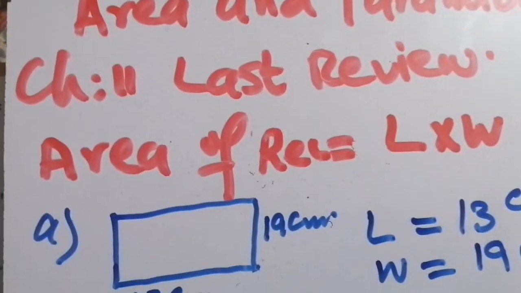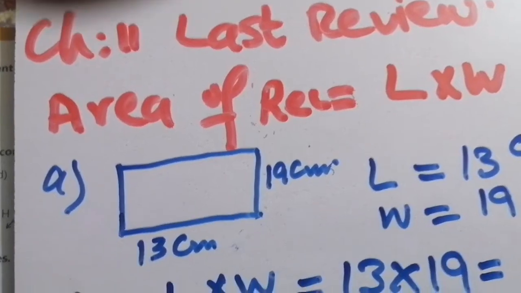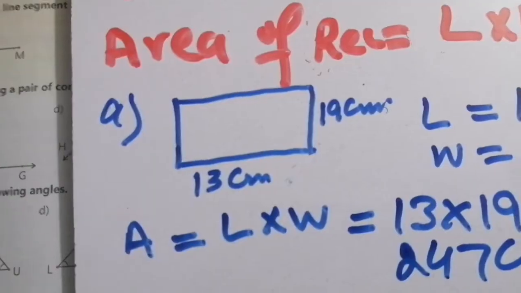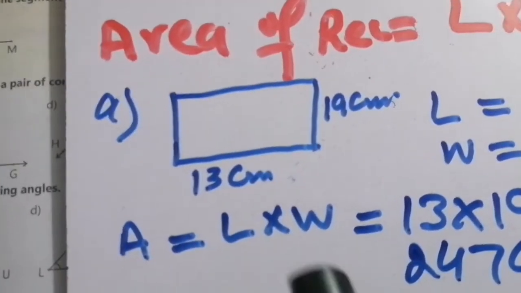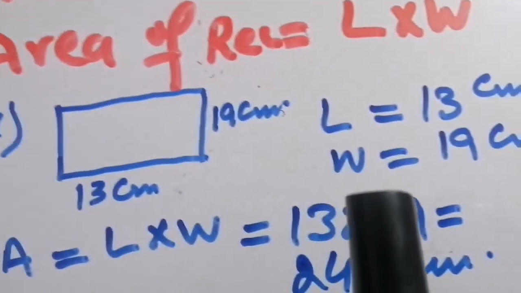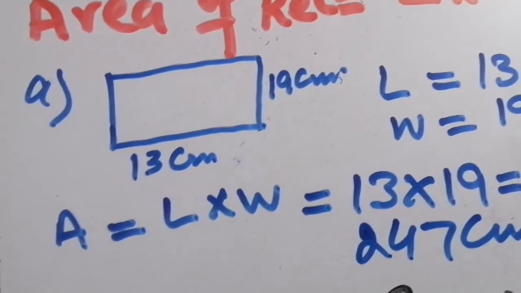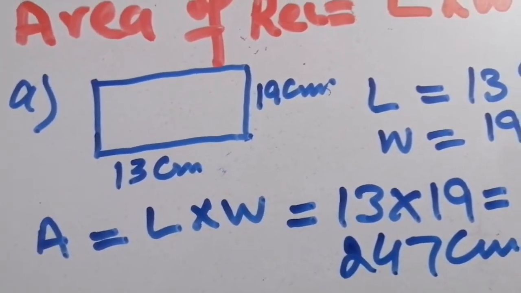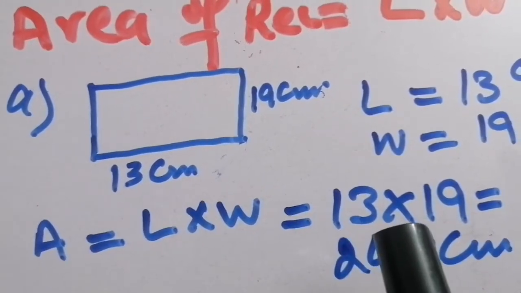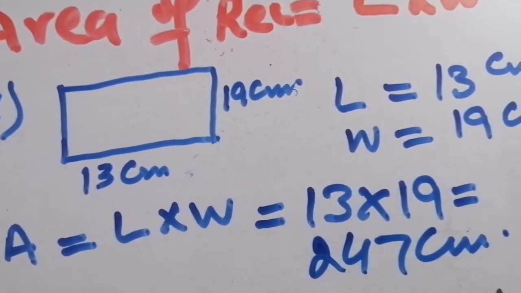So now here one length and one width are given. Here the length is 13 centimeter and width is 19 centimeter. So we know the formula: area of a rectangle is equal to length into width. So 13 into 19 is equal to 247 centimeter.